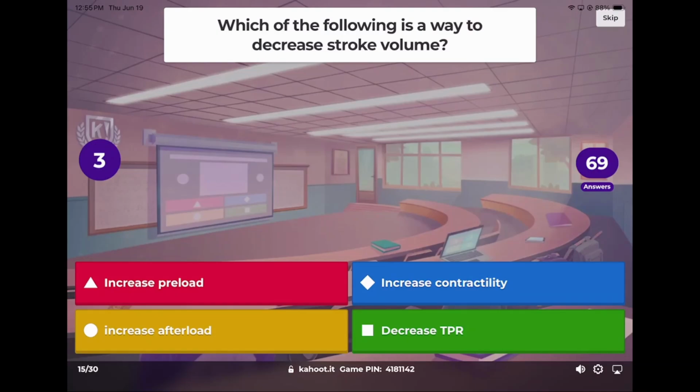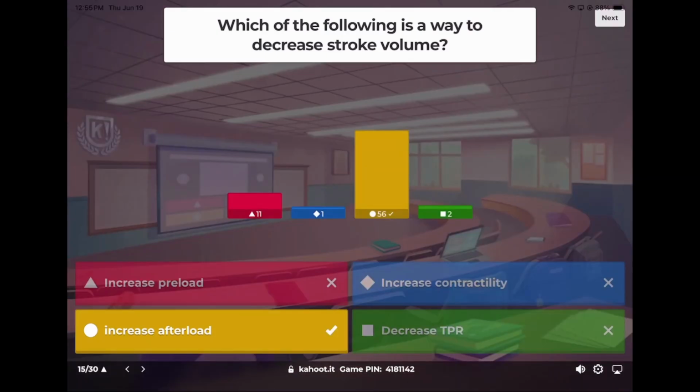And what happens to cardiac output? Goes up. Increased contractility. If the heart is squeezing harder, what's going to happen to your stroke volume? Goes up. What happens to your cardiac output? Goes up. Decreased TPR. What does TPR mean? Total peripheral resistance. You may also see it as systemic vascular resistance, SVR. They mean the same thing pretty much.